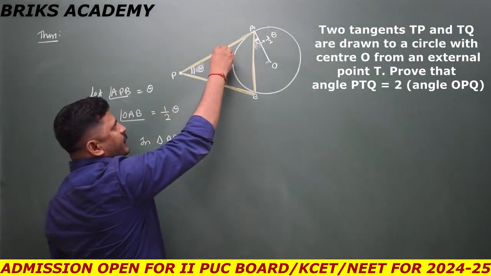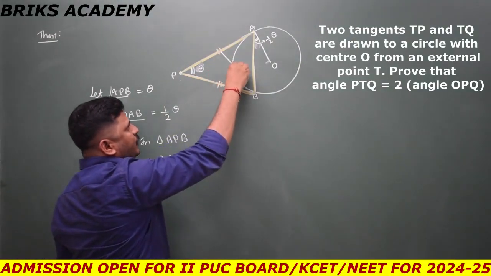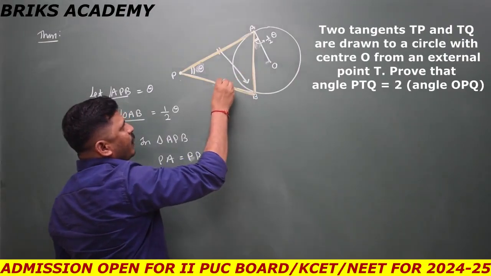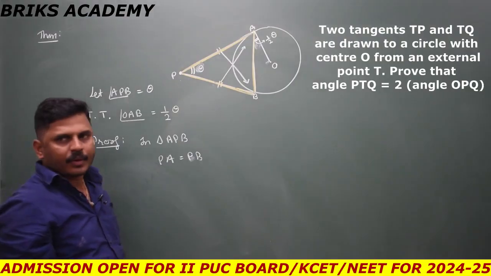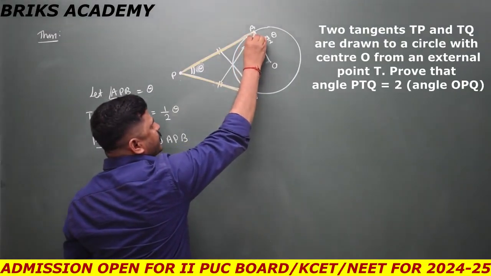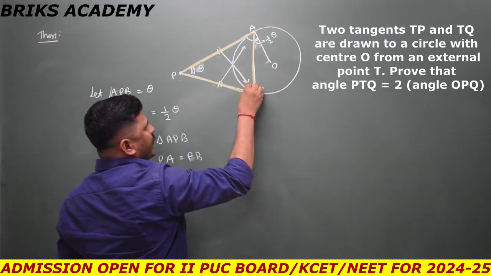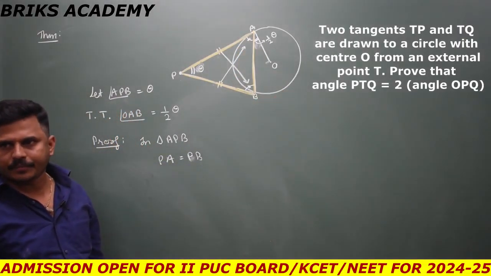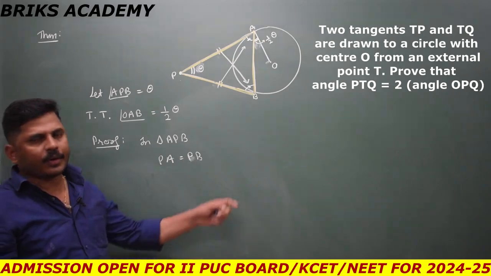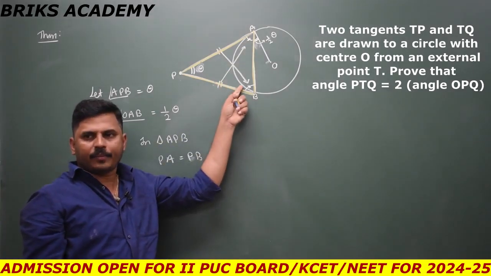Isosceles triangle means the angle opposite to this side must be equal to the angle opposite to this side. Is this angle equal to this angle? Are these two angles equal?